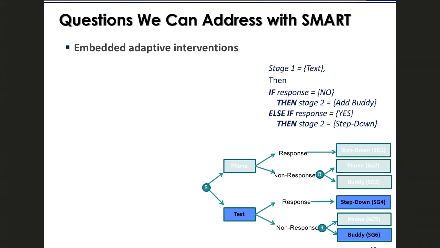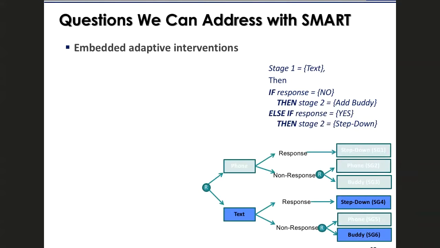It always comes out. So the second question, about what to do for non-responders, again can be addressed by estimating the main effect of the second stage component for non-responders, averaging over what happened to them previously. You see, it's very simple. I'm going to pull out information from all the non-responders who got phone coaching, and I will compare it to all the non-responders who got body training.